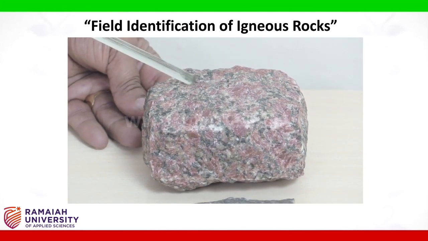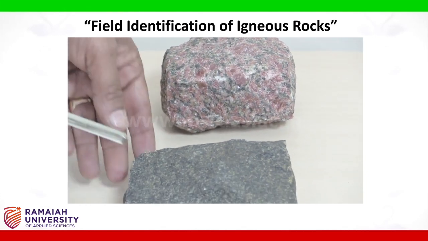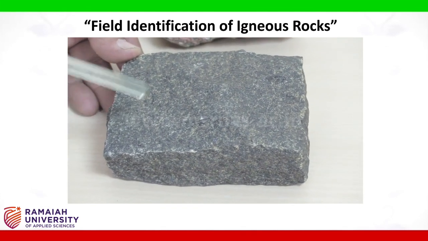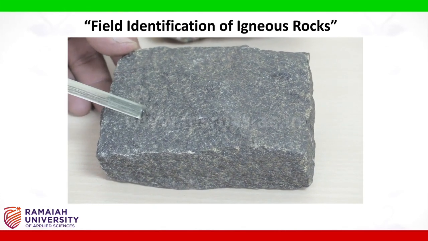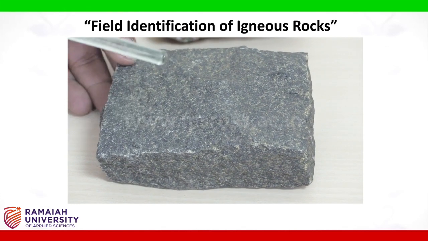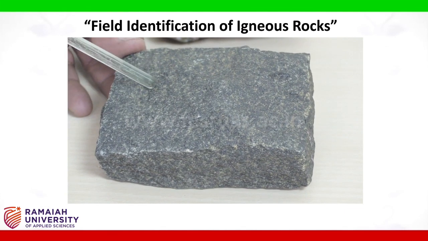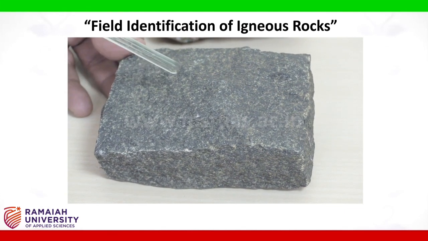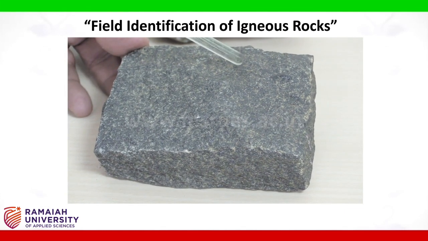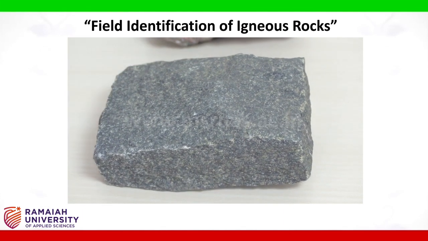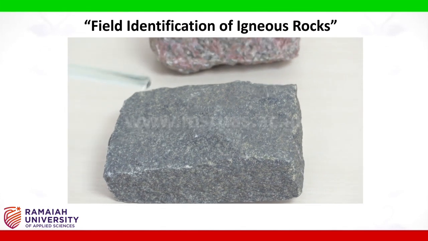This is also a granodiorite, occurring as relatively fine grained mineral constituents, with tiny grains of quartz, feldspar, biotite and hornblende minerals. They come under the intermediate igneous rocks.